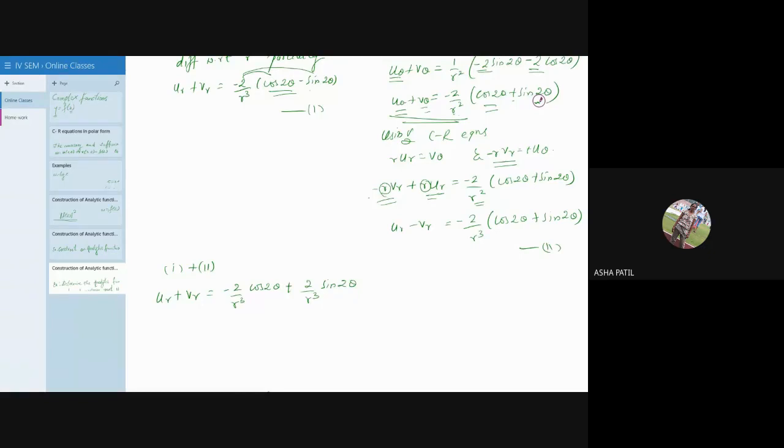And equation 2: ur minus vr is equal to, again multiplying minus 2 by r cube inside, minus 2 by r cube cos 2 theta, and again minus 2 by r cube sin 2 theta.